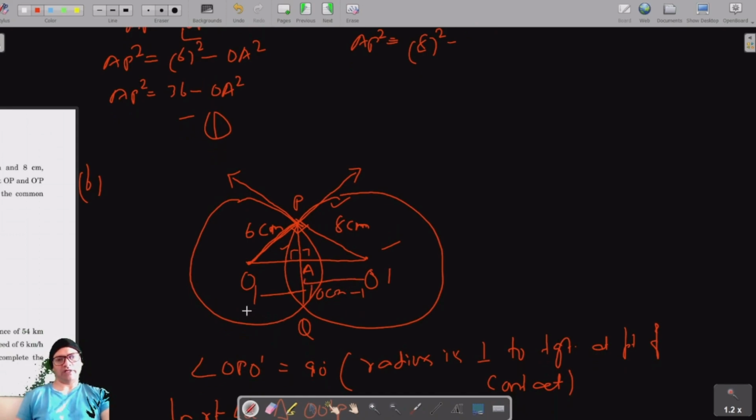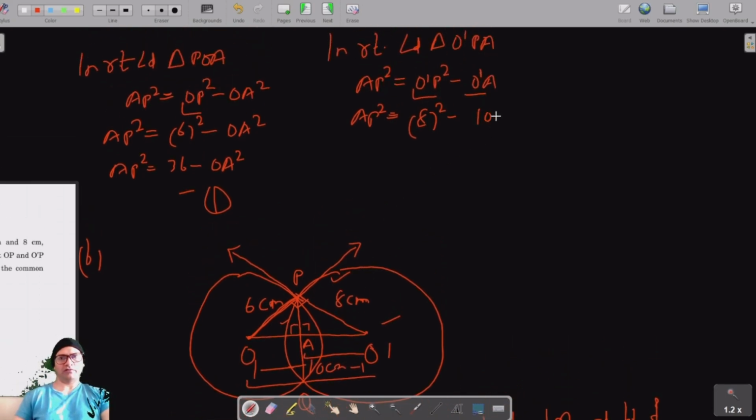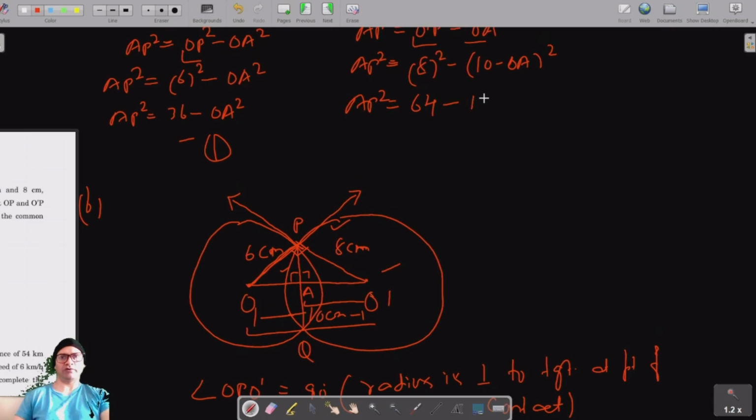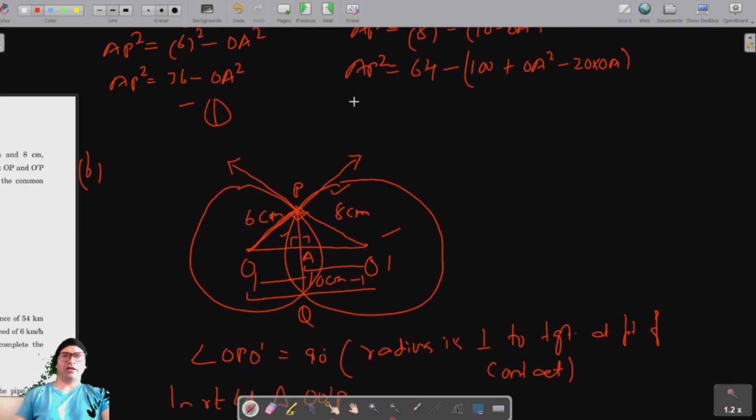O dash A, I can write as 10 minus OA, the whole square. So let's open this and expand it: 64 minus (100 minus 20 into OA plus OA square). If we open this, it gives us AP square is equal to 64 minus 100 minus OA square plus 20 into OA. This is our second equation.